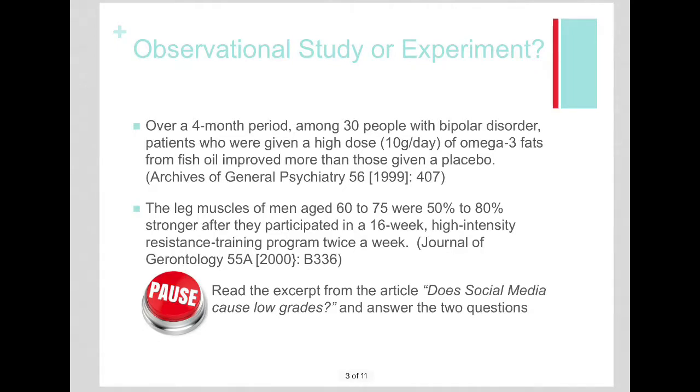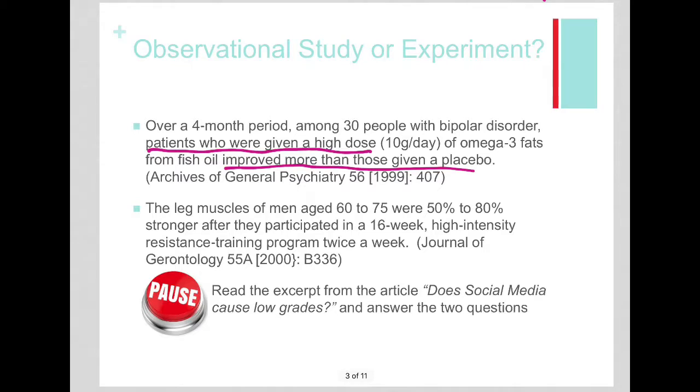So in this case, the treatment was fish oil, and the placebo would be something that looked like fish oil but had no active ingredient in it. And it says that the patients who were given a high dose of the fish oil improved more than those given the placebo. So right there, we should identify that there was actually an experiment being done because there was a treatment. The minute you see a treatment, you know you have an experiment.